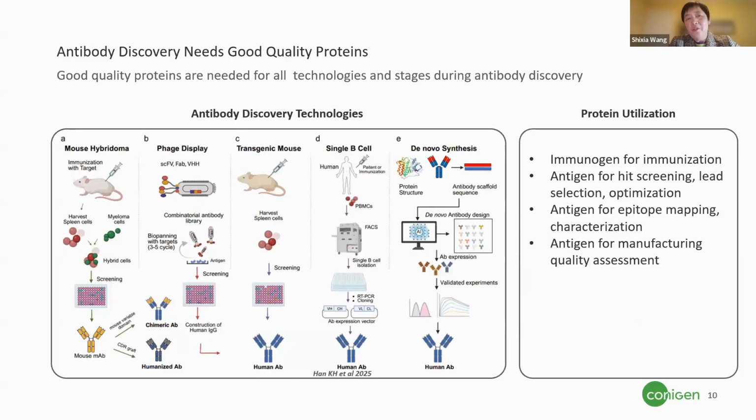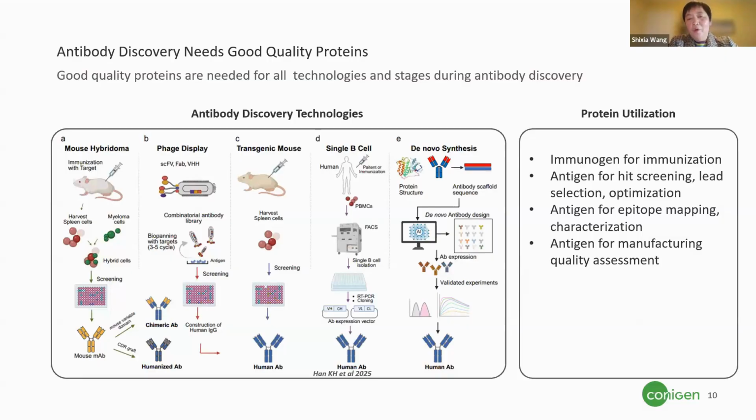Here are the antibody discovery platforms over the years, from traditional hybridoma to phage display, yeast display, humanized transgenic mice to generate antibodies, and also single B-cell-based technologies, including FACS-based and fluidic-based technologies.